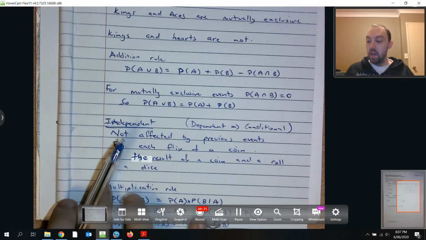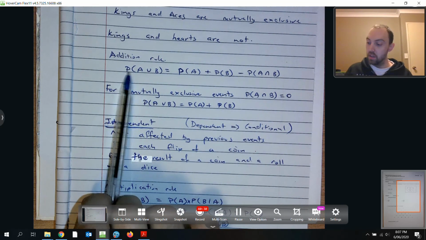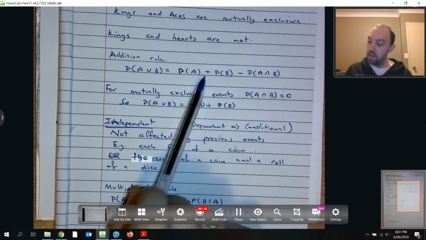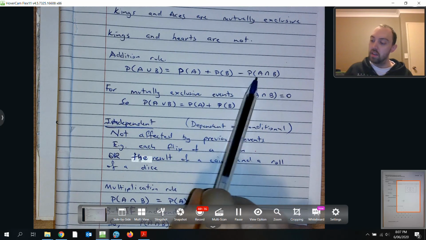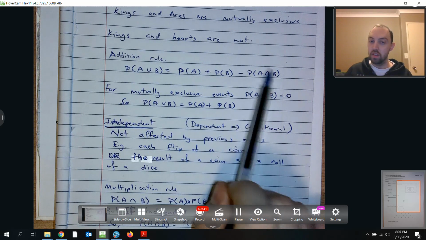And if we were looking at our addition rule, which we've seen a couple times in this video, probability of A or B is equal to the probability of A plus probability of B, take the probability of A and B. But for mutually exclusive events, they can't occur at the same time.